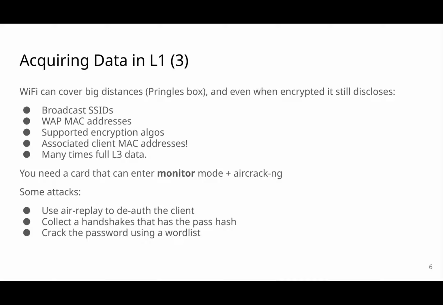You might say, okay, that's fine, I'm going to encrypt everything on top of that. But the exploit might also tell you what supported encryption algorithms you have, and which of the MAC addresses are actually associated.